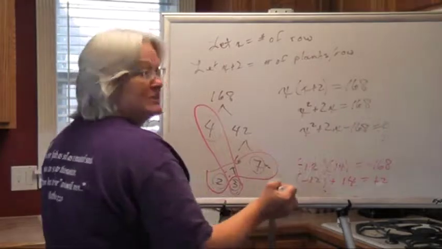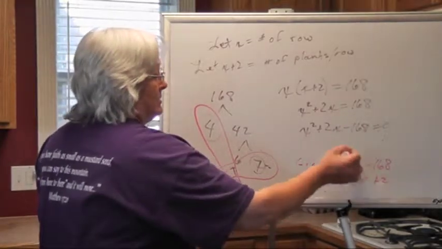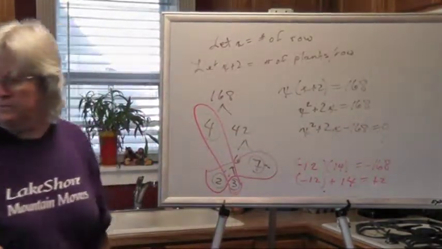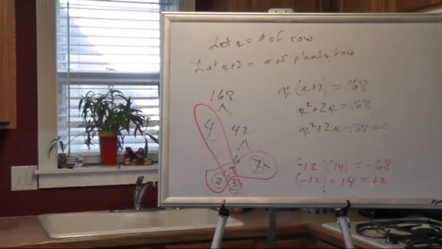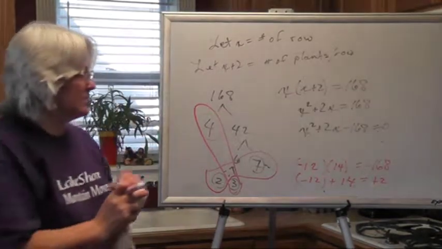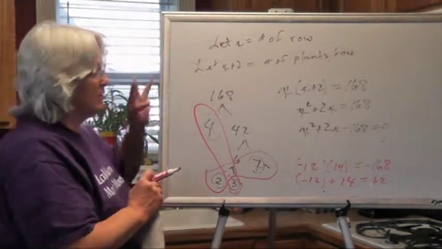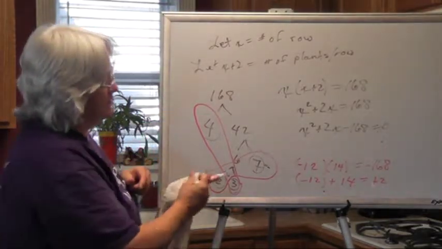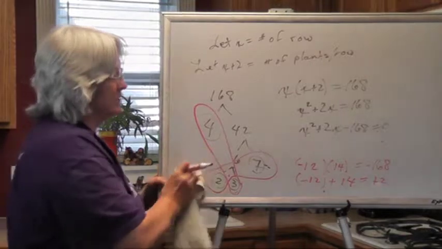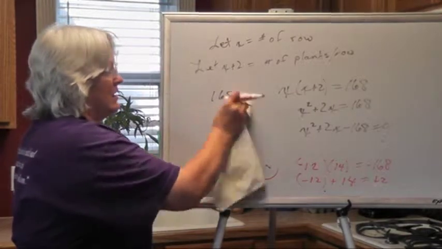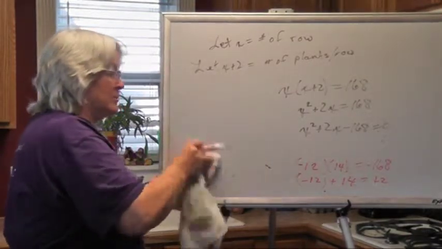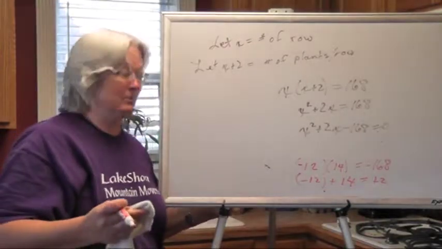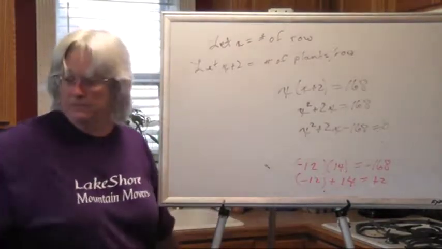There's my negative 168. Here's my positive 2. You see that it takes some trial and error, factoring, playing around with your factors. 3 times 4, 2 times 7 is 14. And your mental process may be completely different than mine is, and that's okay.